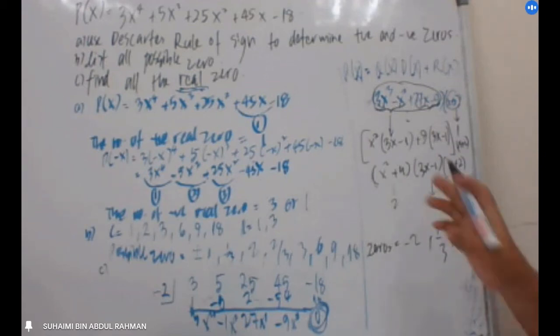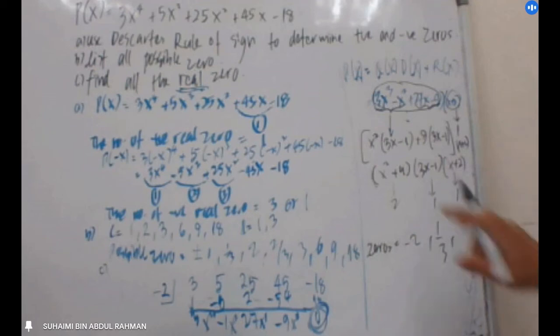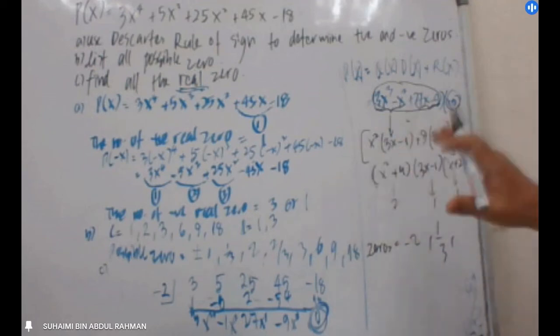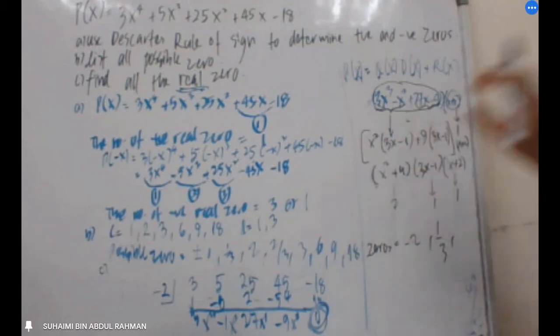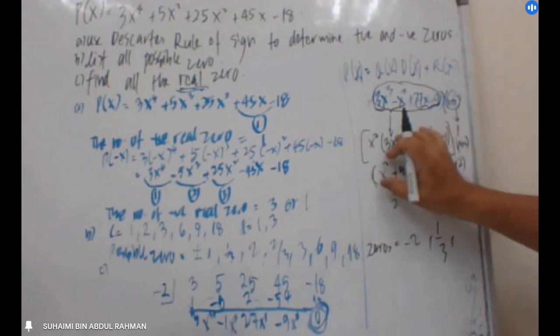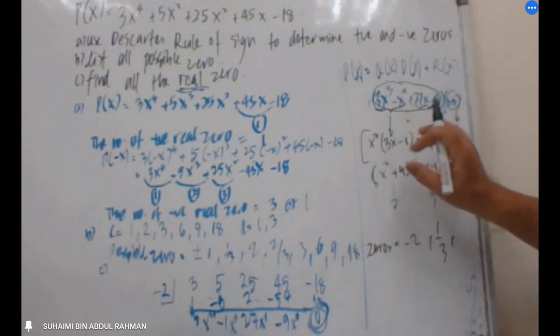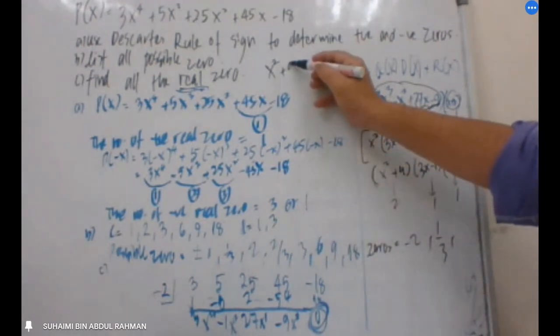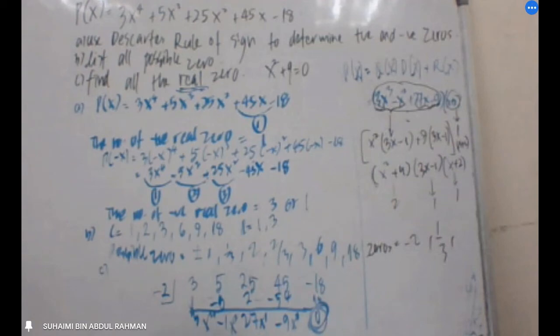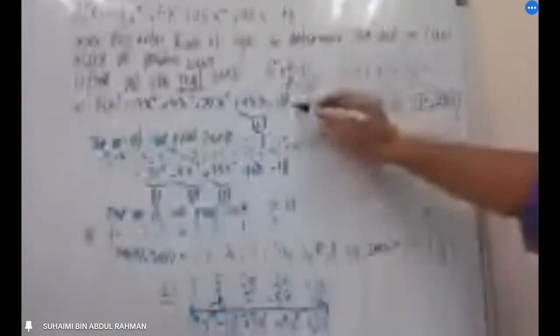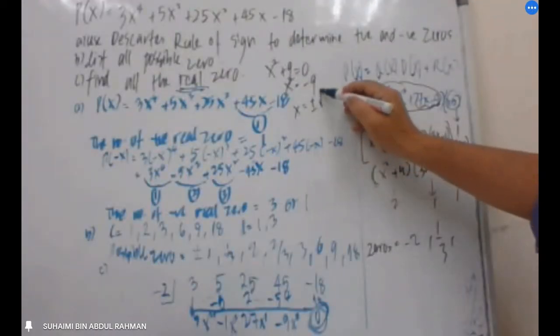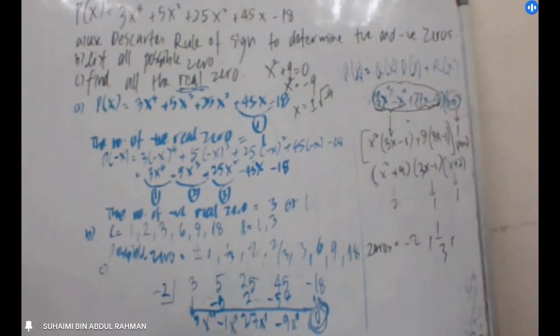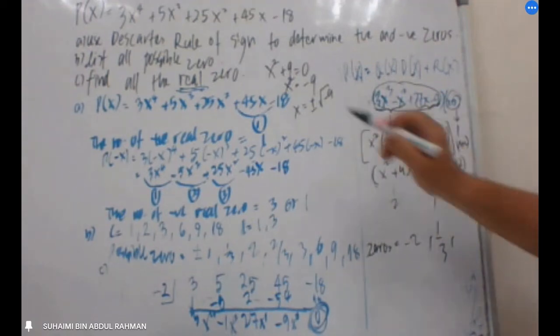To find zeros from here, zeros from the definition is something that makes it zero. So we want to produce this part is zero. So what we have to do is x squared plus 9 will be equal to 0. x squared is minus 9, so x is plus or minus the square root of minus 9, not plus or minus 3.